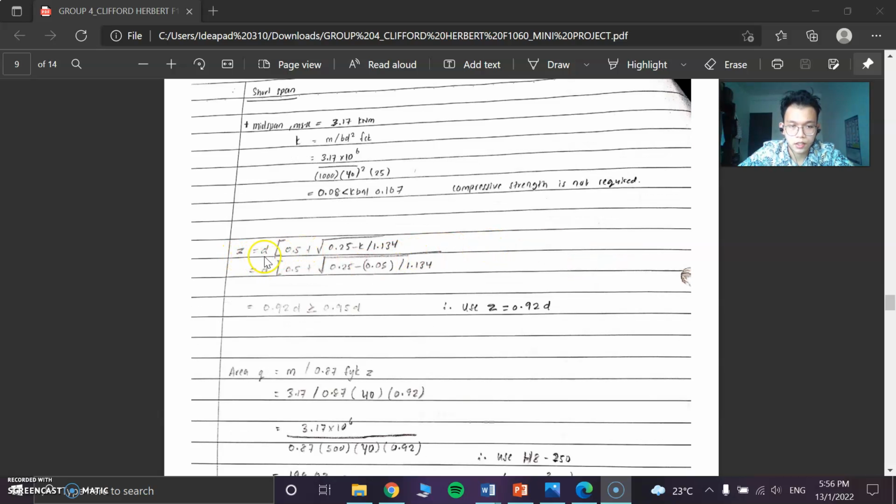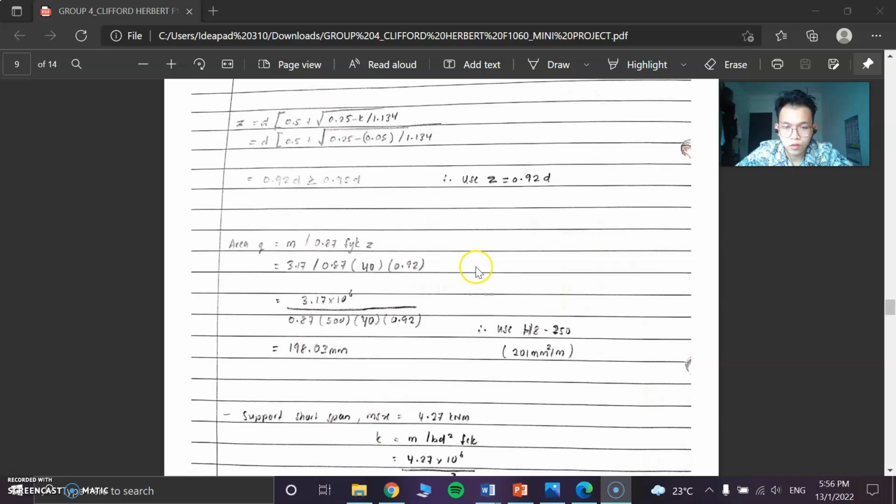For the Z, I have got 0.92, which is less than 0.95 d, so I need to use Z below 0.95, that is 0.92 d. The calculation will continue the same until the long span.